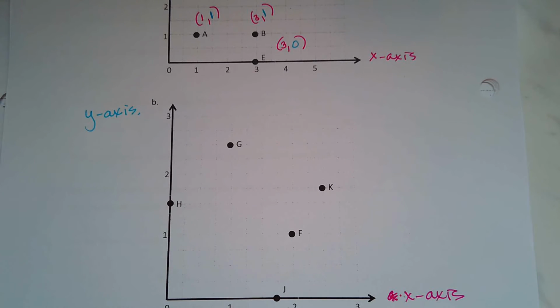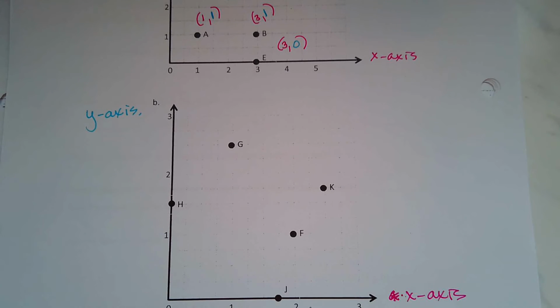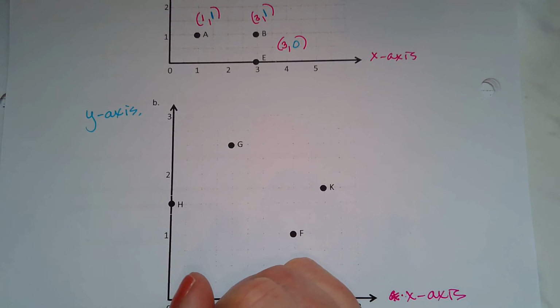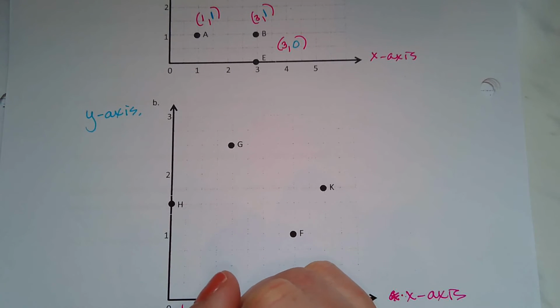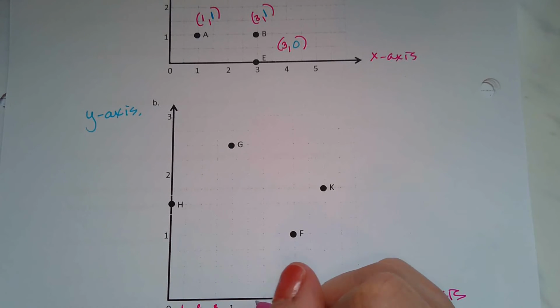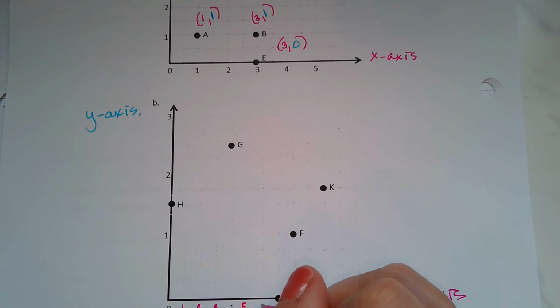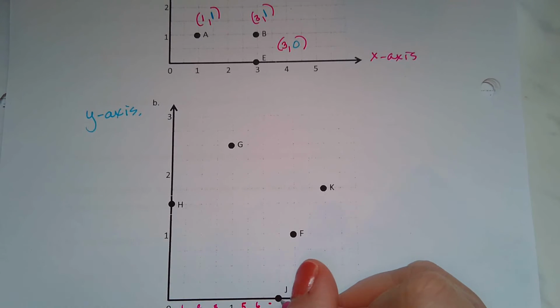Let's see if that same pattern continues. 1, 2, 3, 4. 1, 2, 3, 4. So if this is a fourth, this is 2 fourths, this is 3 fourths, 4 over 4, 5 fourths, 6 fourths, 7 fourths, 8 fourths.